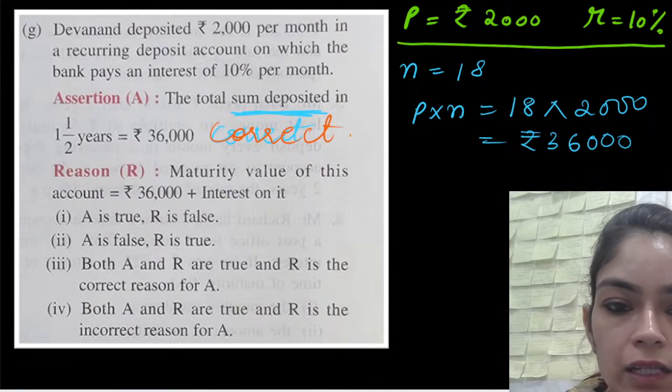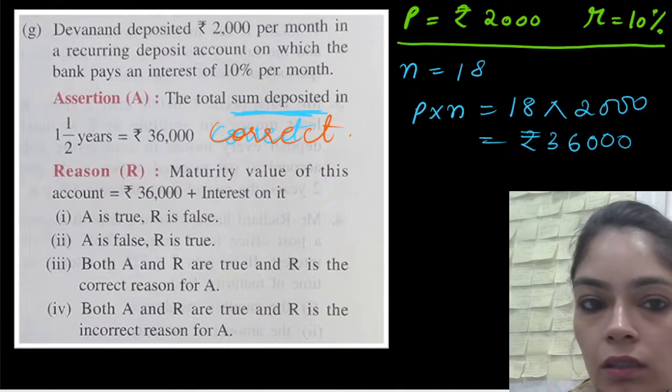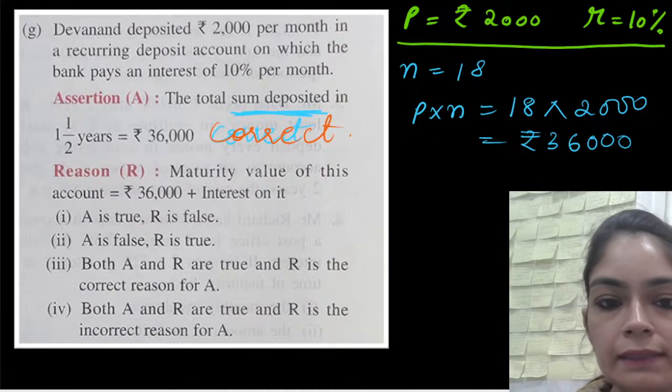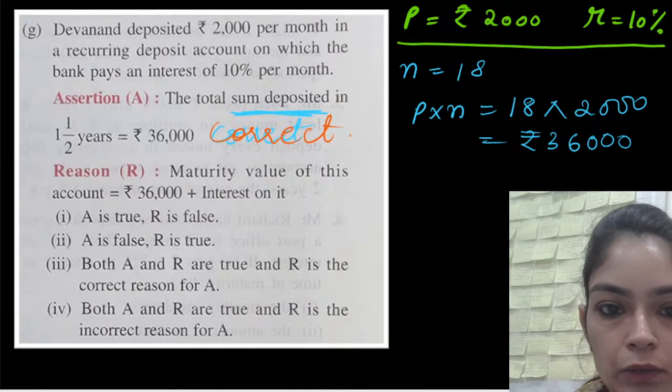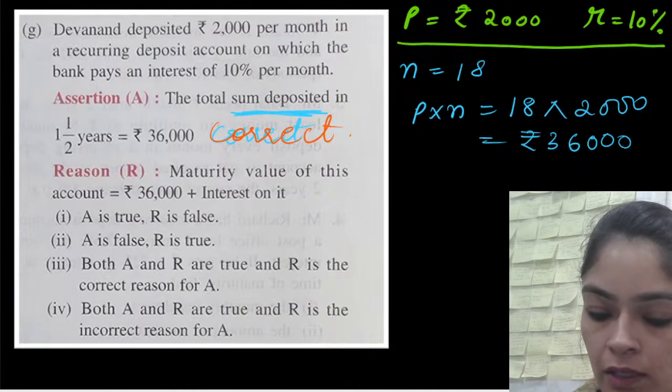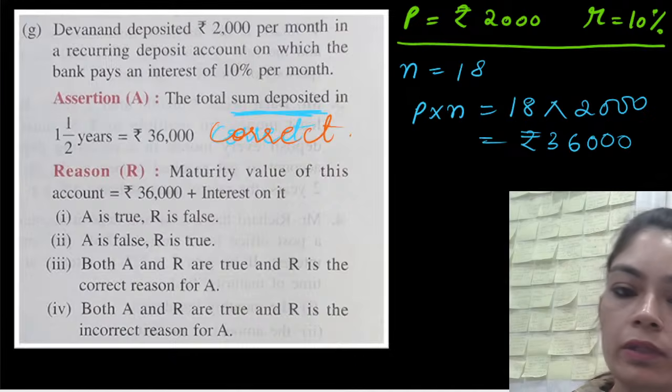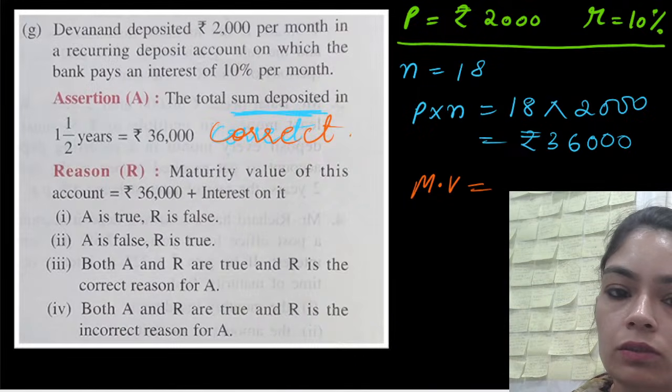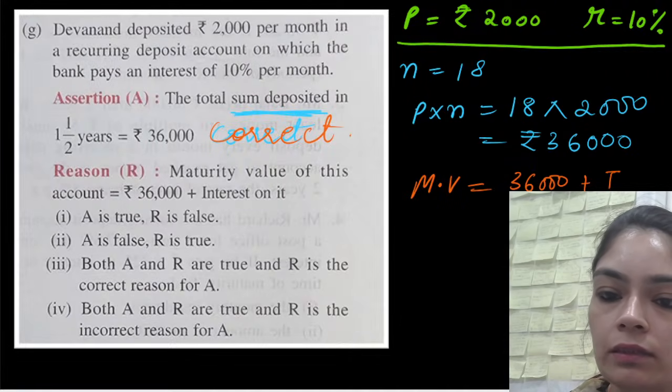Now let's see the second one. Maturity value of this account is 36,000 plus interest on it. Yes. So the maturity value formula is also correct. They have given MV is equals to 36,000 plus interest.